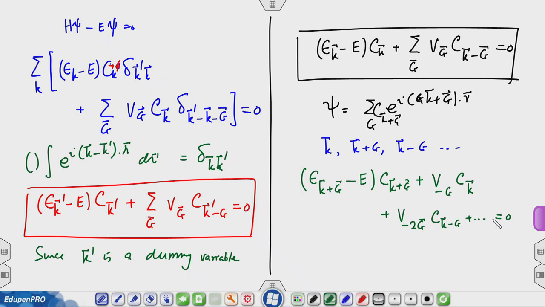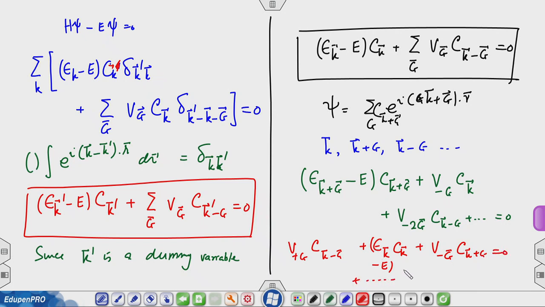If I take that k prime to be k, I would get (epsilon k minus E) C k plus V of minus g C of k plus g, and on the other side I can take it to be minus g, and then I will get V of g C of k minus g equals 0, and I can add all other terms.